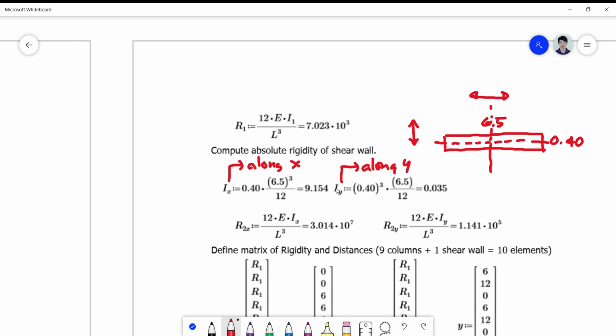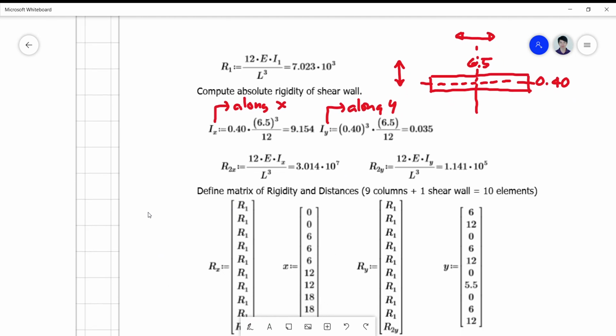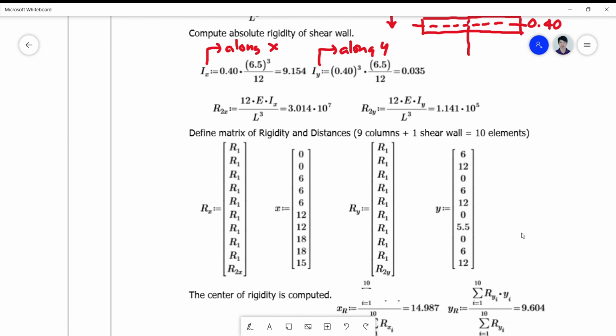Such that your R2x and R2y now for your shear wall is simply 12 EIx over L cubed and 12 EIy over L cubed. So we can now define the matrix of rigidity and distances, or you can use a table in case you don't want to use matrix analysis here.